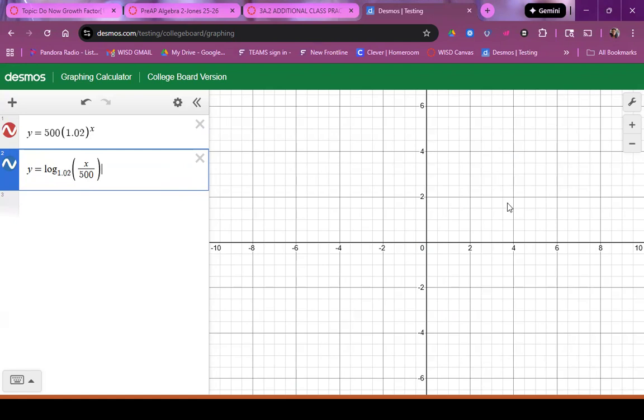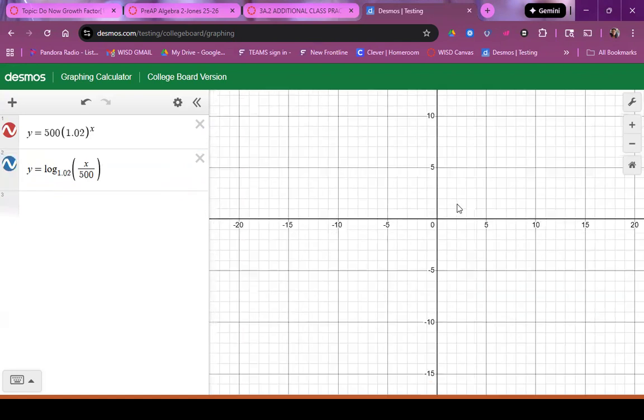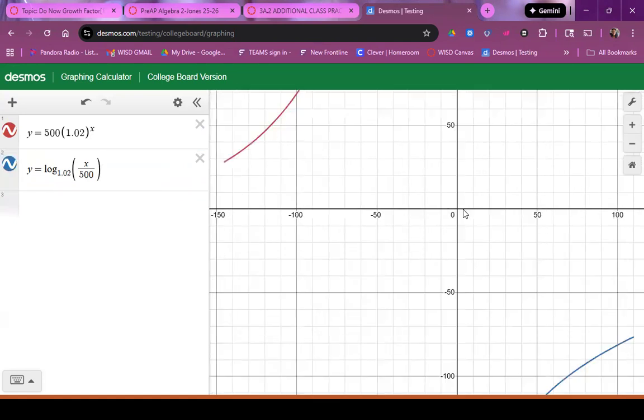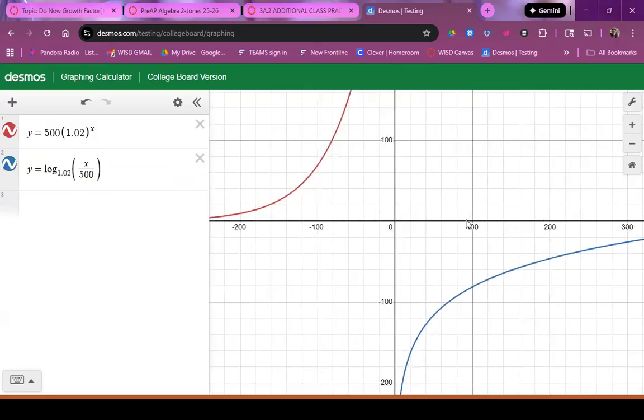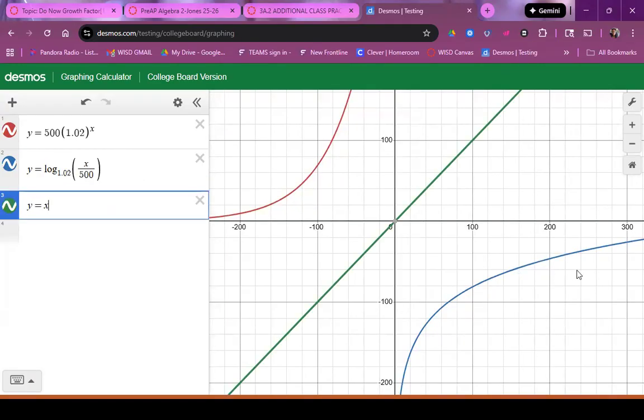And we're going to look at the graph. What do you notice? They're inverses. They're reflected over that imaginary y equals x line. So that y equals x line is how we can see visually that we're dealing with inverses.